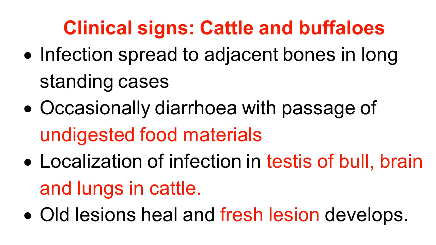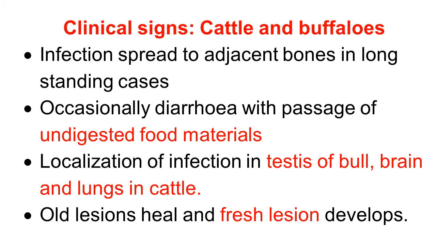Clinical signs in cattle and buffalo. The infection will not remain static. Infections spread to the adjacent bone in long-standing cases, and slowly it deteriorates the condition because of difficulty in chewing the food and indigestion. Occasionally there is diarrhea, and in the diarrhea the clinician finds undigested food material because it is not completely chewed, it is partially chewed.